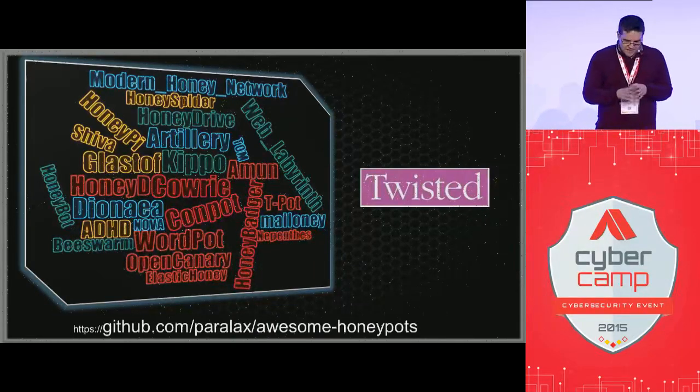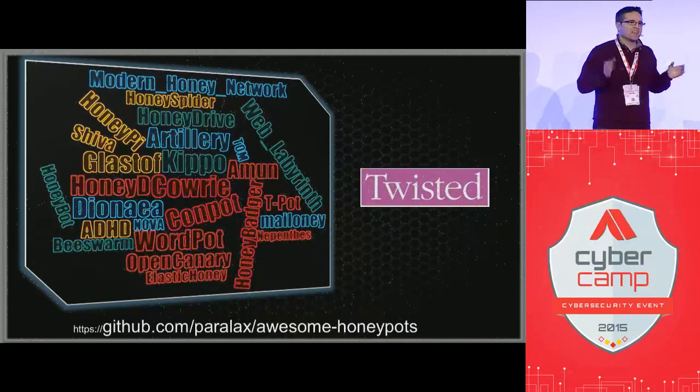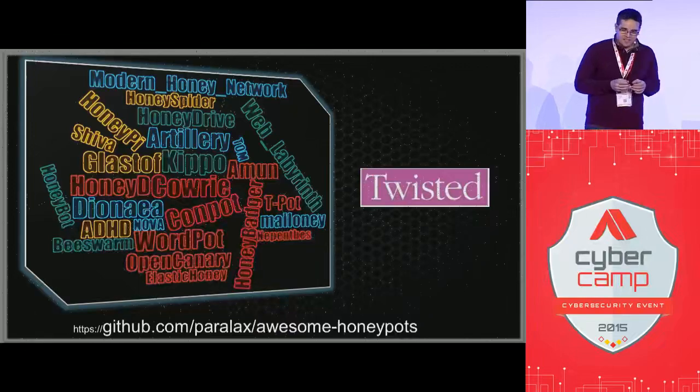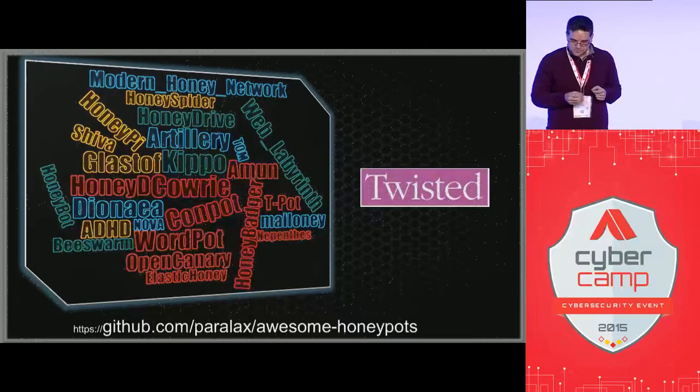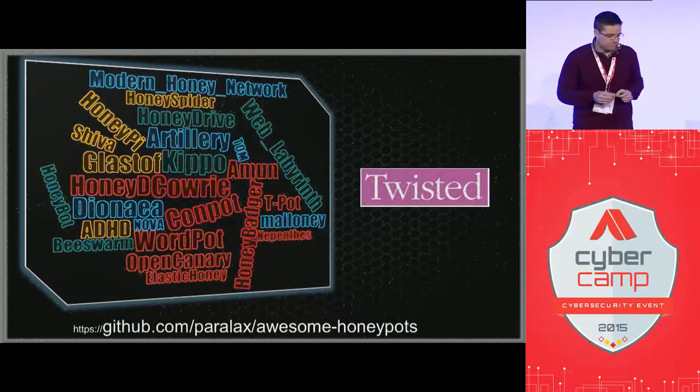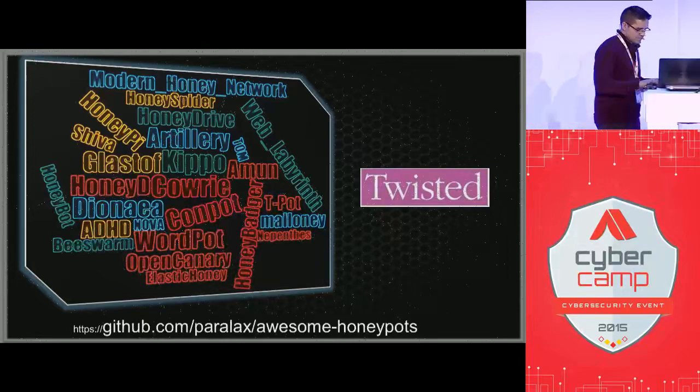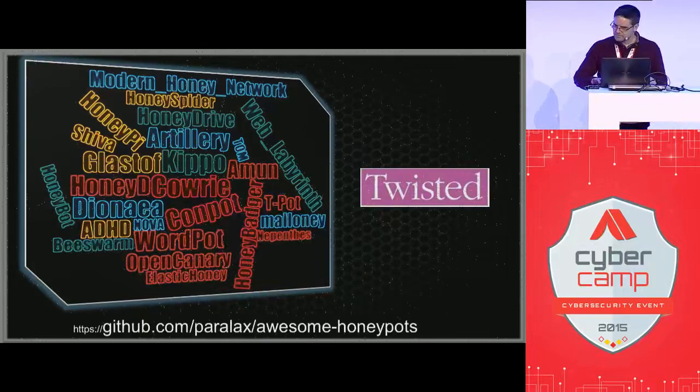So there is a bit of everything. These are tools available to you. This is a link to GitHub, where there is a wide range of resources related to this. And for those of you who like programming, you have the Twisted library.